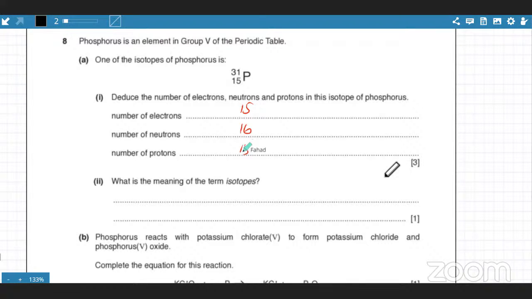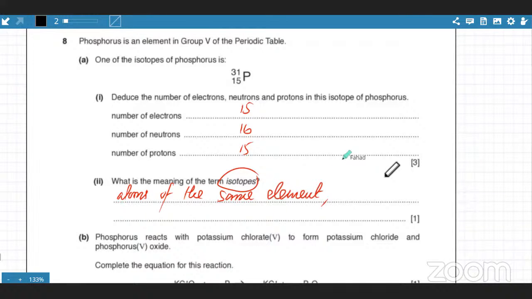Next part, what is meant by the term isotopes? Isotopes are atoms of the same element. Remember this definition, atoms of the same element. And what do they have in common?